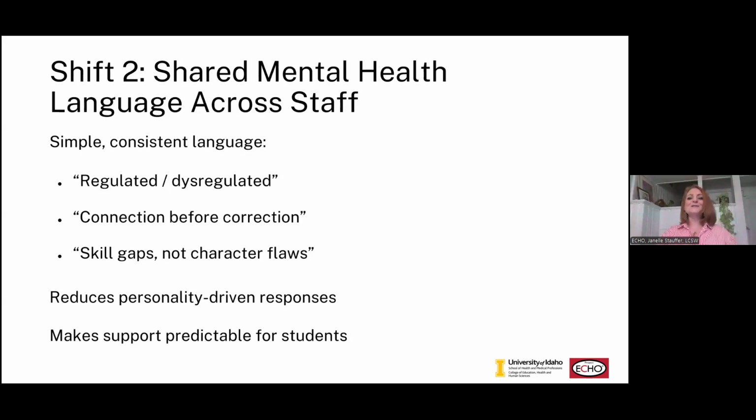Okay, next. Another upstream approach to addressing this is changing our language around mental health, around all people interfacing with these kids.